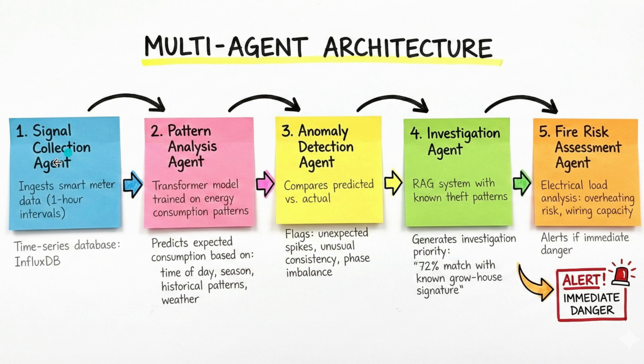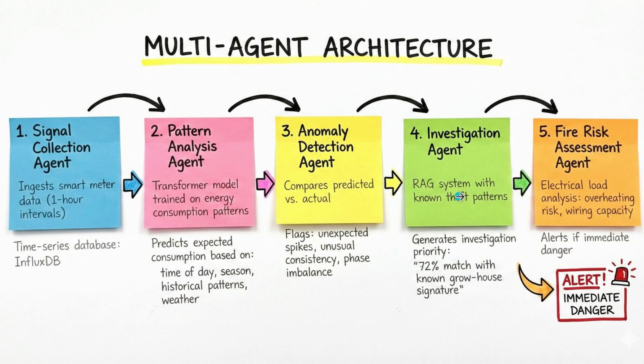The architecture is basically the same as the problem that we explained. We have a signal collection agent that ingests the data, we get all of the meter data. Then we will have a pattern analysis agent. We will use a transformer model trained on energy consumption. And then the anomaly detection agent compares the predicted and the actual and will flag unexpected spikes and unusual consistencies like a phase imbalance.